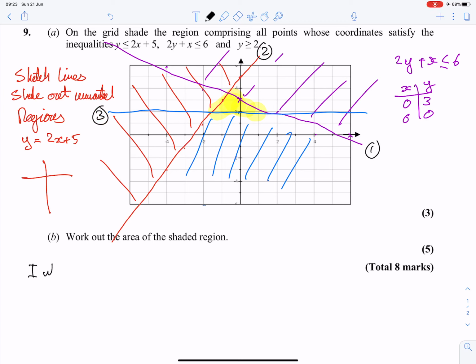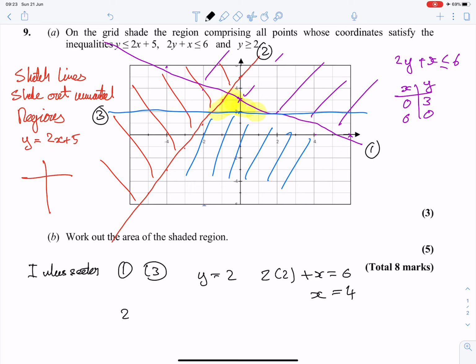The intersection of 1 and 3 should be fairly easy because 3 is y equals 2. So we get 2 lots of 2 plus x equals 6, so x equals 4.